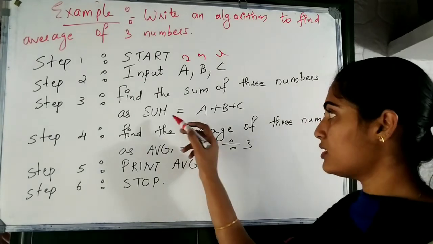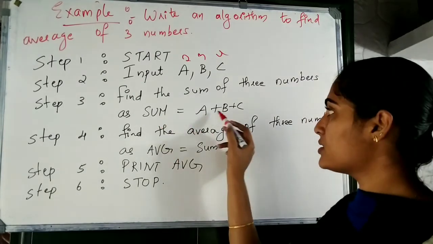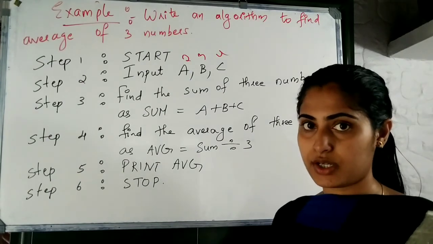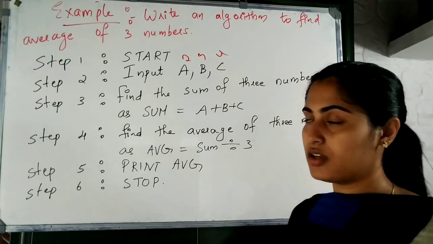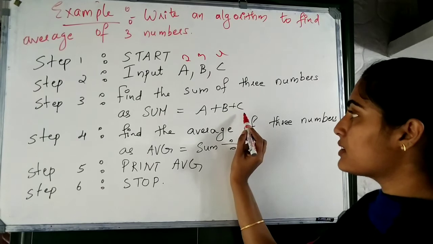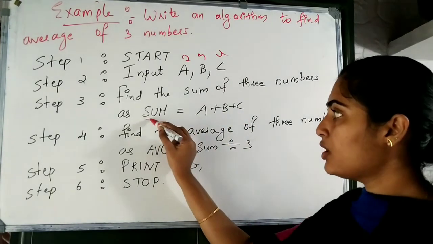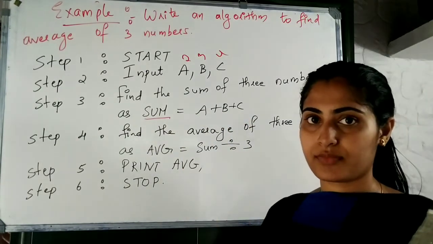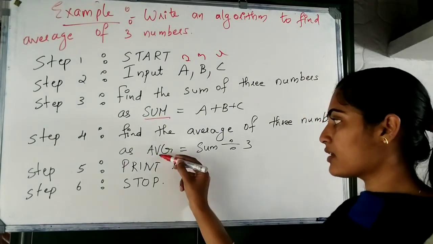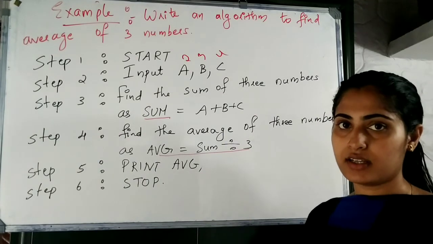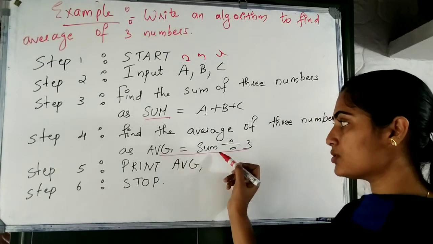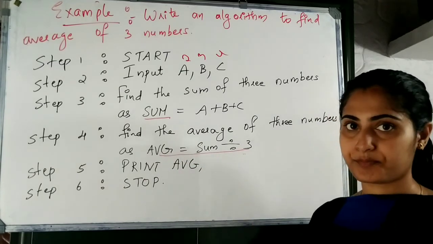The first processing is sum is equal to A plus B plus C, assigned to the variable sum. The fourth step is to find the average of the three numbers as average is equal to sum divided by 3. My second processing takes place here.